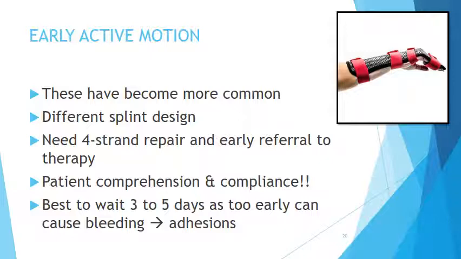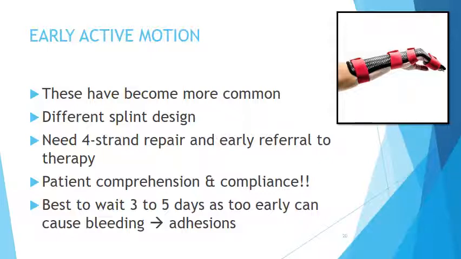At times, a 6-strand repair can be a bit too bulky, which can also affect the gliding of the tendon between the pulley, but at least a 4-strand. And it's not to say that a 6-strand repair is always too bulky. Also depends on the suture material and of course the skill of the hand surgeon.